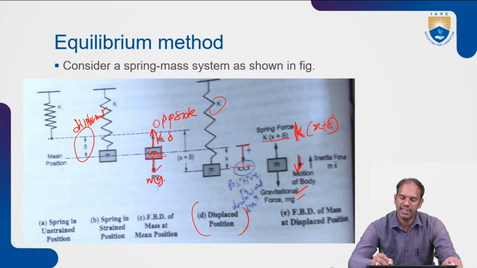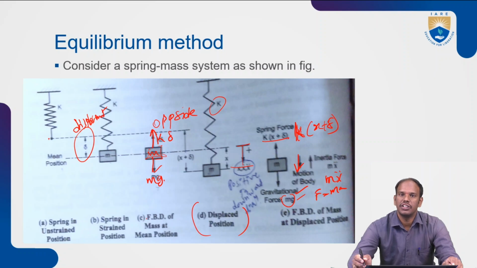And inertial force we have taken as m into x double dot. X is the distance, x dot is the velocity, and x double dot is the acceleration. F equals ma we have taken. What is F here? There is mg.